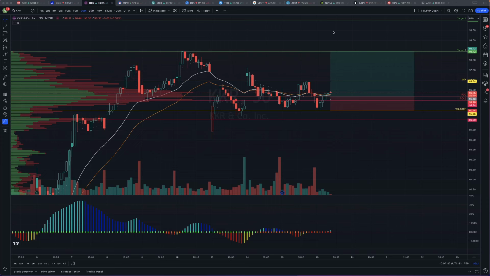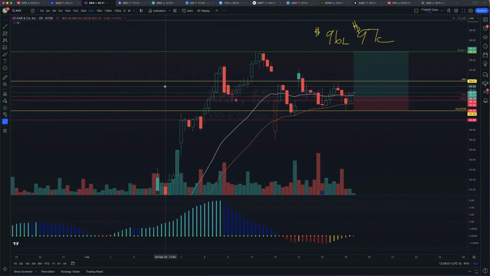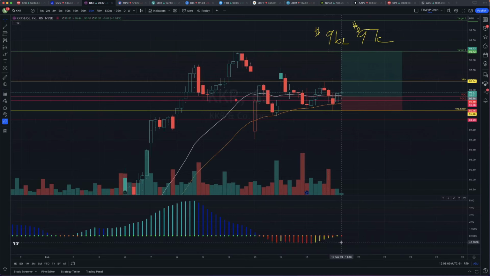So the 96s or the 97s, right? Calls for next week. That's what I'd be targeting, because this is a 30-minute chart. You could go out into the following week if you wanted to, because we're also looking at this on an hourly chart.